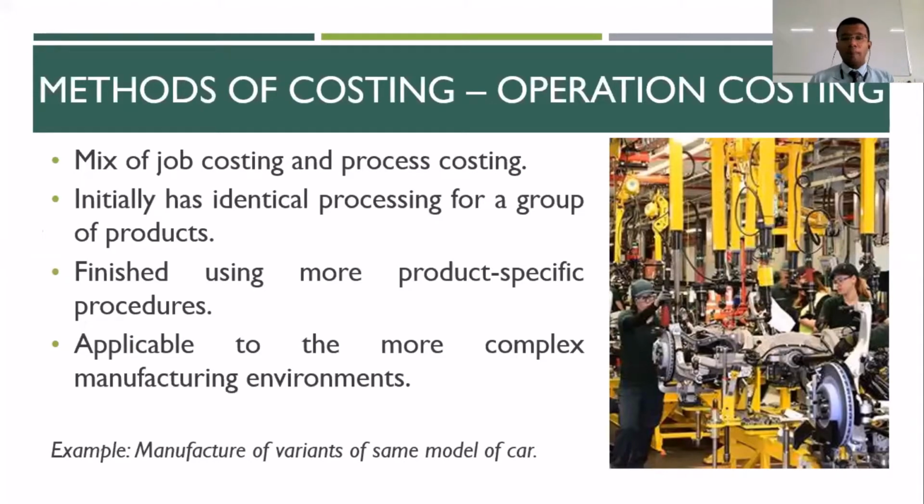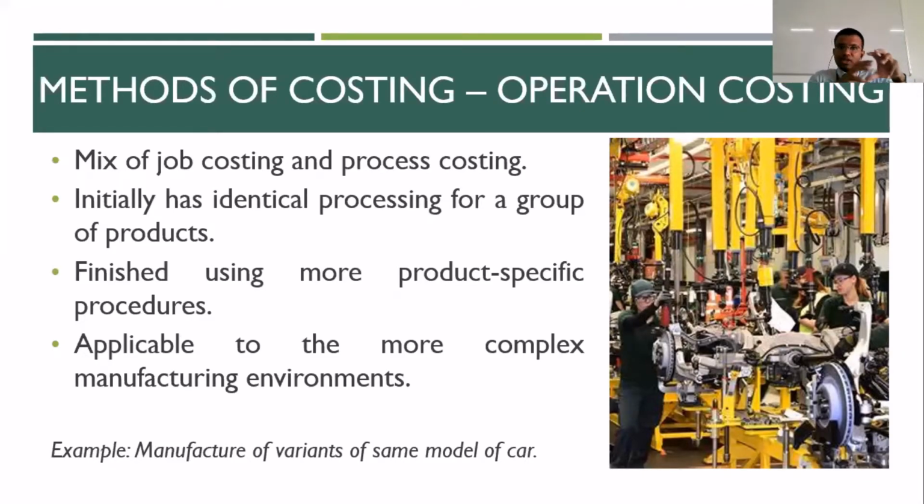Next is operation costing. Now, operation costing is a combination of job costing as well as process costing. So what happens over here is that you are coming up with the same product, but it so happens that at some point of time, at some stage, it may have to undergo a specific activity.